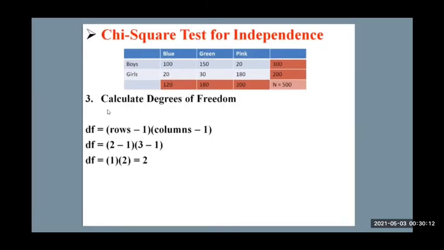Now let's calculate the degrees of freedom. Again, it will be rows minus 1 times columns minus 1. We have 2 rows, so 2 minus 1 equals 1, and we have 3 columns, so 3 minus 1 equals 2. Multiply, 1 times 2 is equal to 2.